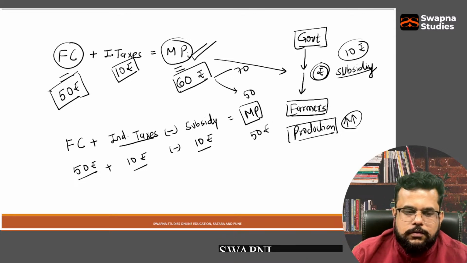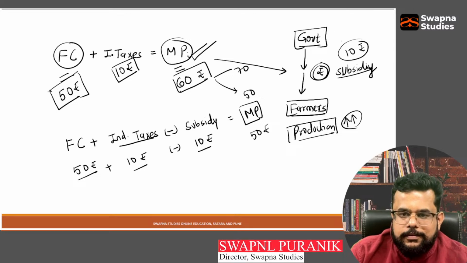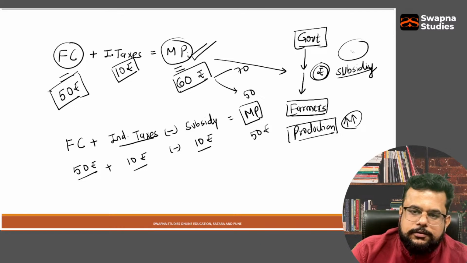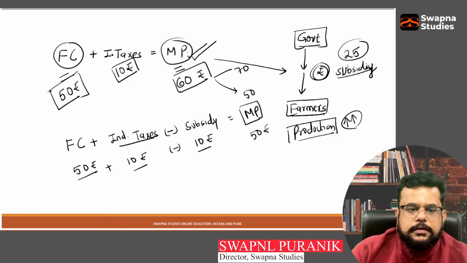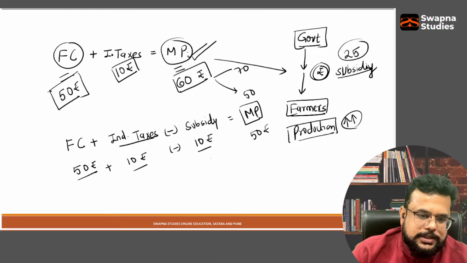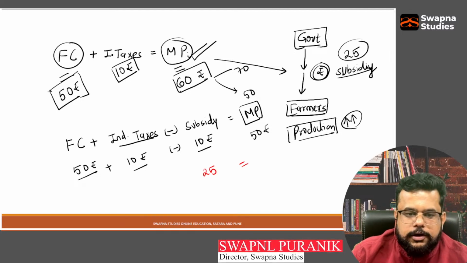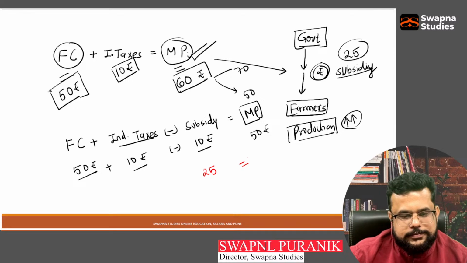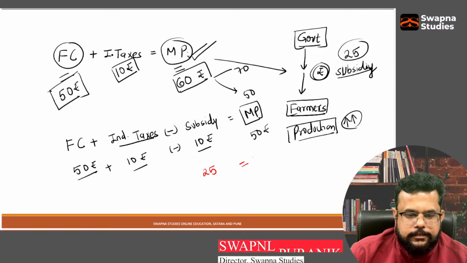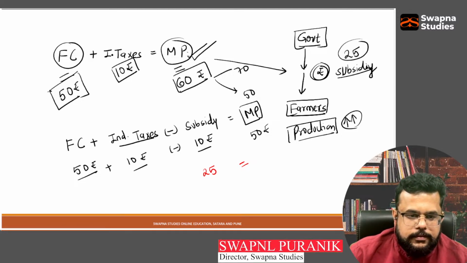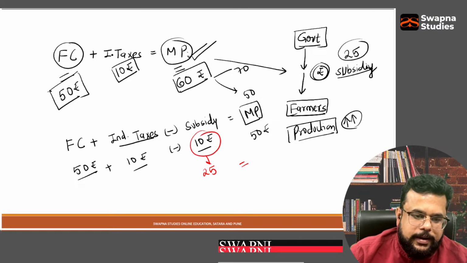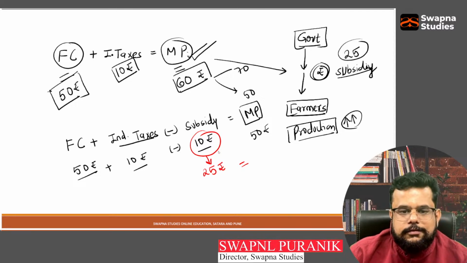So for example, if the government gives a subsidy of 25 rupees, this is the new subsidy, what will be the new market price? Let me know in the comment box. If the government increases this subsidy and makes it 25 rupees, then what will be the market price?